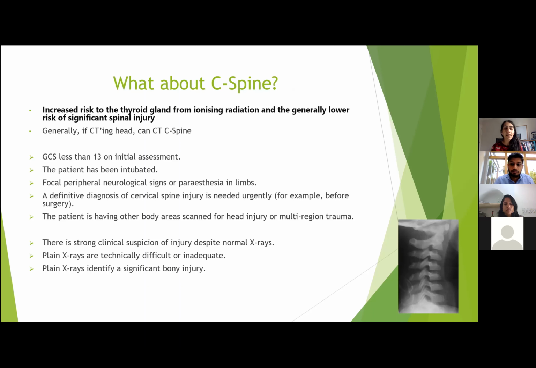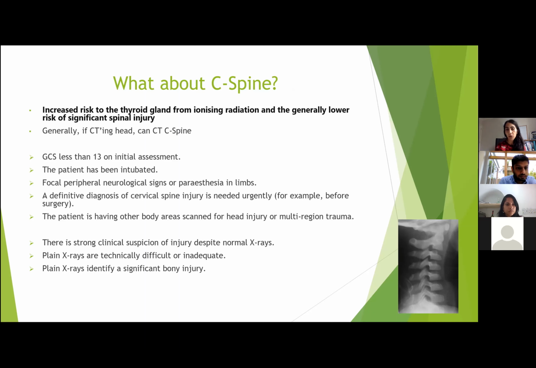And then certain times, depending on the type of surgery, some surgeons would ask that we do some imaging of the C-spine. Again, you'd only do that after consultation with surgeons. And then if you've got a multi-trauma patient, you might think about doing the C-spine as well, depending on the mechanism of injury.